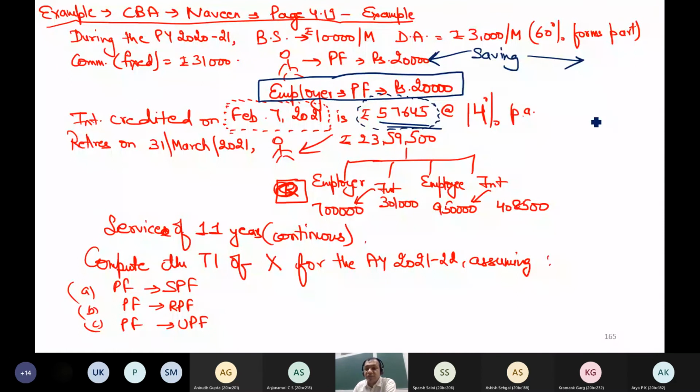Many times students commit the mistake of multiplying this interest with a percentage. No. This 57,645 is the interest income itself. I don't know what the figure X was, which when multiplied by 14% gave 57,645, and there is no need to know it here. This itself is the interest income.